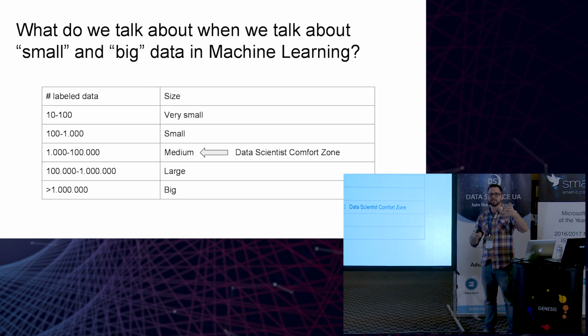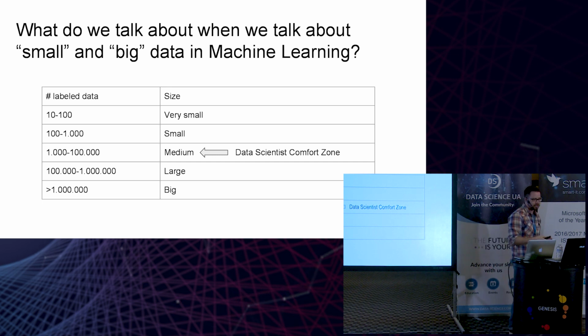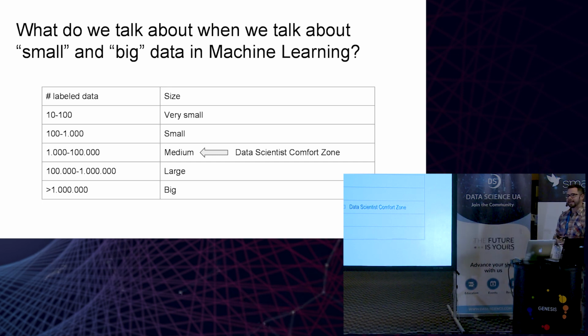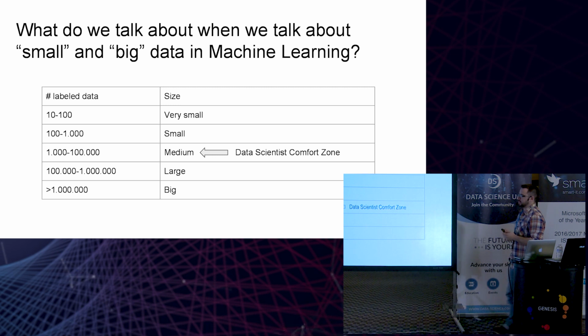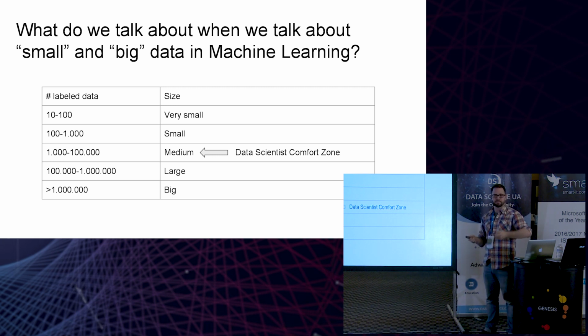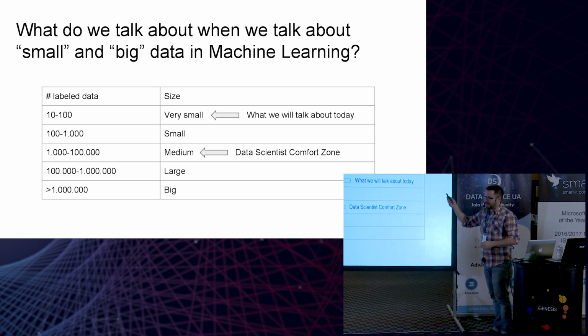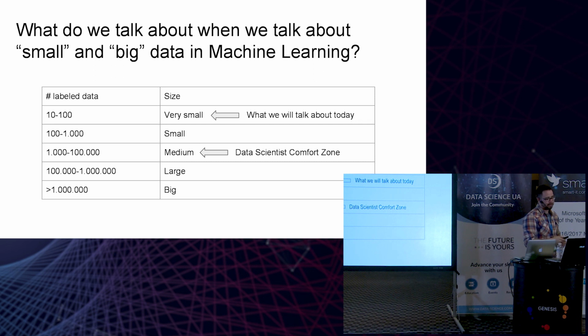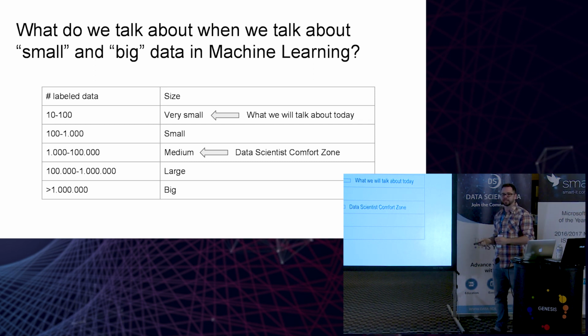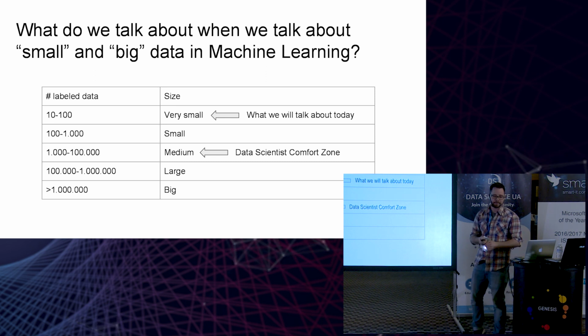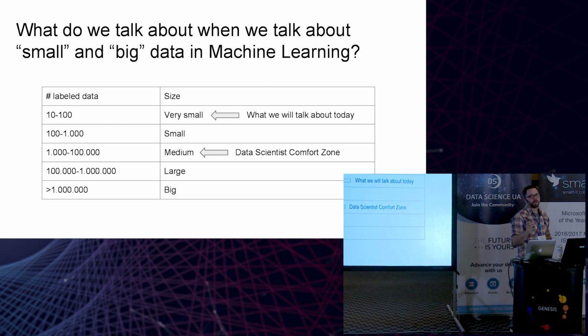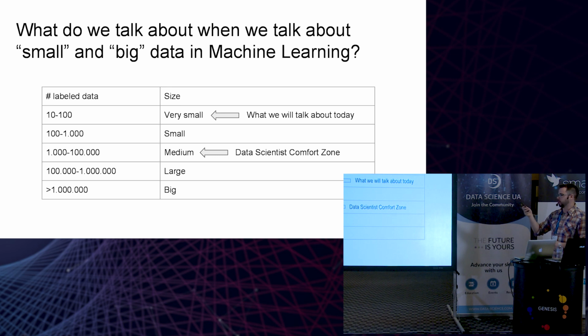You will start complaining that maybe these results are not very stable, that you have variance problems, but you can still manage to deploy a model with 400 instances, for example. But it gets really, really problematic when I take you to this zone, when you have less than 100 instances to learn from. And this is basically what will be the focus of my talk.